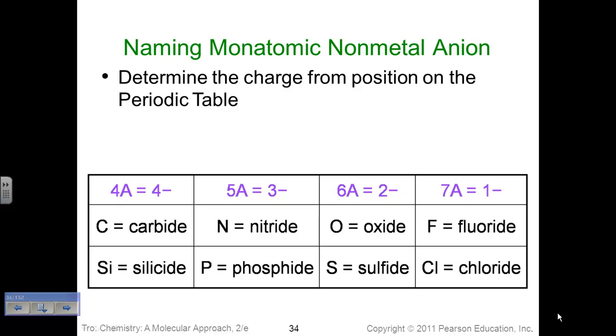Nitride carries -3, as well as phosphide. Oxide, sulfide, selenide, telluride, all of those elements in group 6A, carry a -2, and all of the elements down 7A, fluoride, chloride, bromide, iodide, are all carrying a -1 charge.